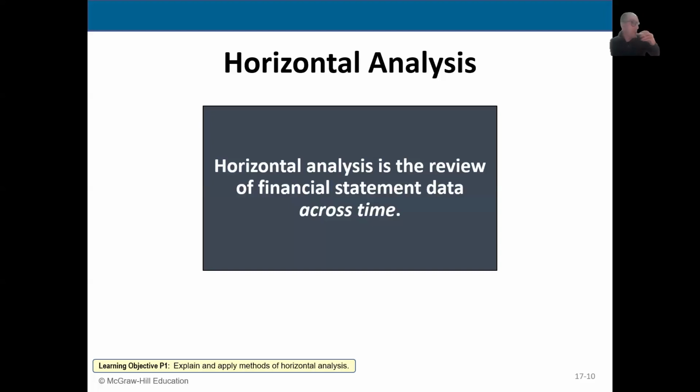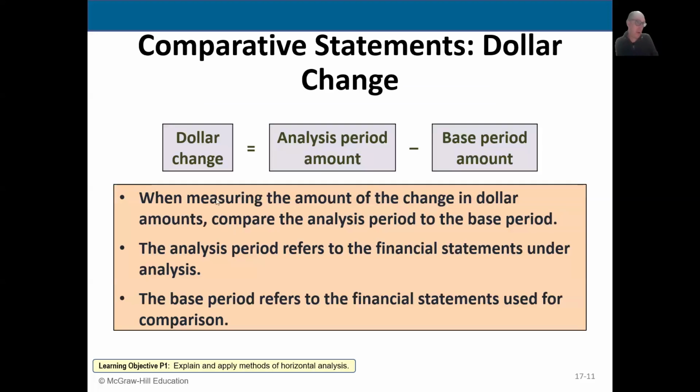What it does is it helps me to identify trends, patterns across time, looking at them horizontally. So how do we do that? We do this for the income statement and the balance sheet.